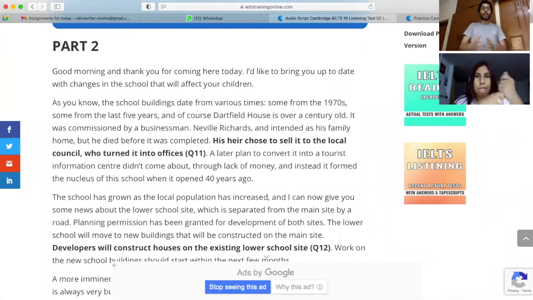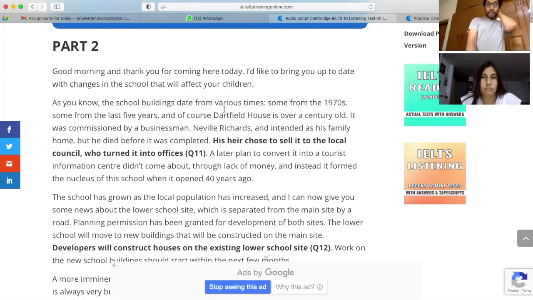Okay, so in part 2, they are saying, good morning, thank you for coming here today. I would like to bring you up to date with changes in the school that are going to affect your kids. As you know, the school buildings date from various times, some from the 1970s, some from the previous 5 years, and of course your Dartfield house is over a century old.